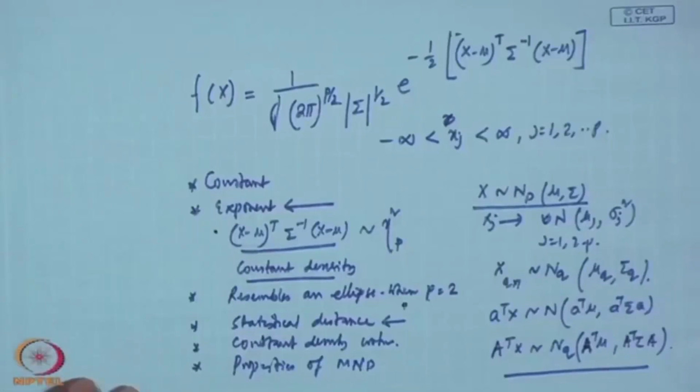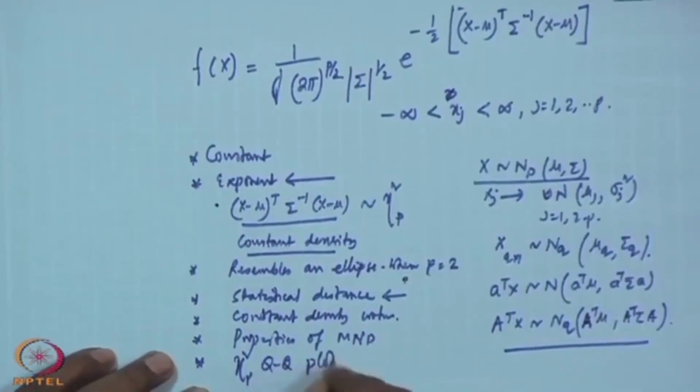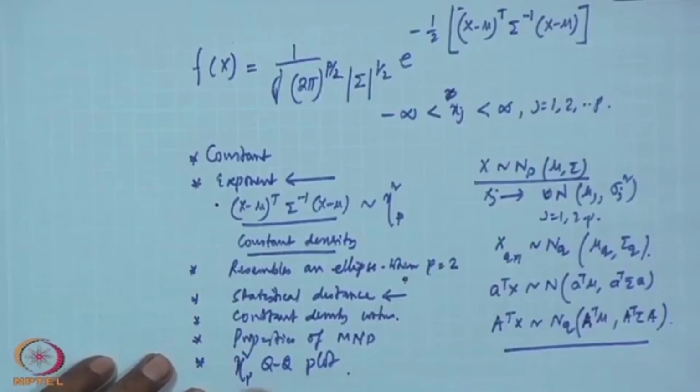Finally, when you collect data, the data must be examined and you have to check whether the data is coming from a multivariate normal or not, and that is possible through the chi-square quantile plot. There are other plots also, but we will be looking into this.